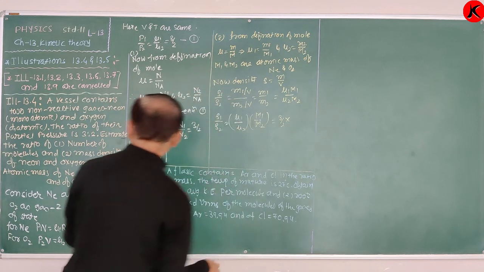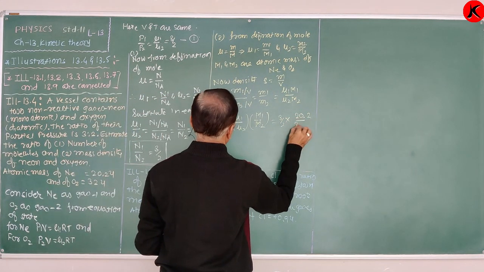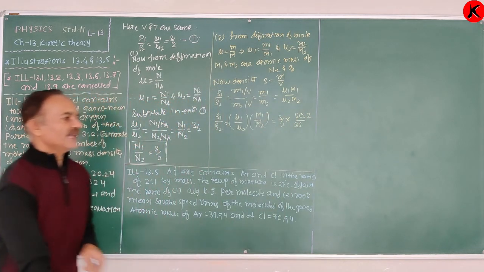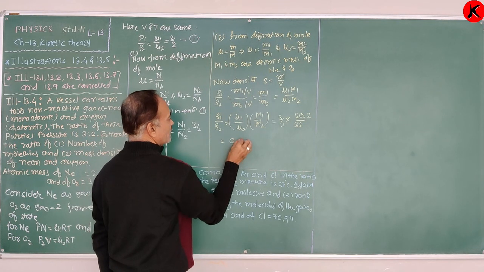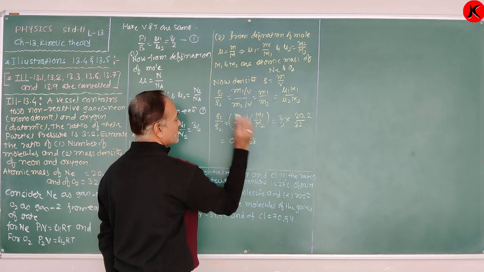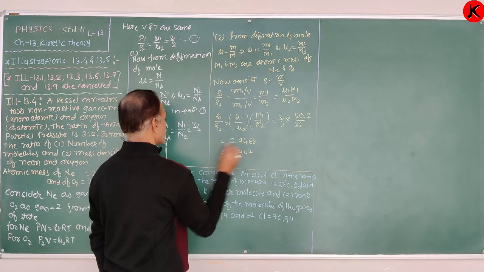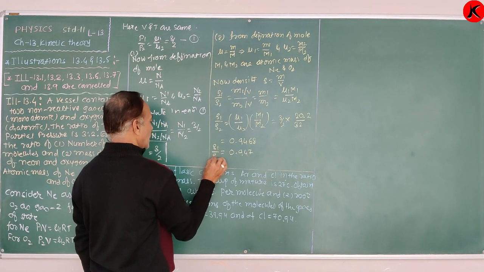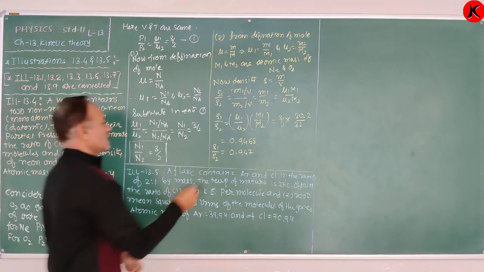And M1 is 20.2, M2 is 32. If we simplify it, we obtain 0.9468, that means 0.947. That is the ratio of the mass density of neon to oxygen. That is our second answer.